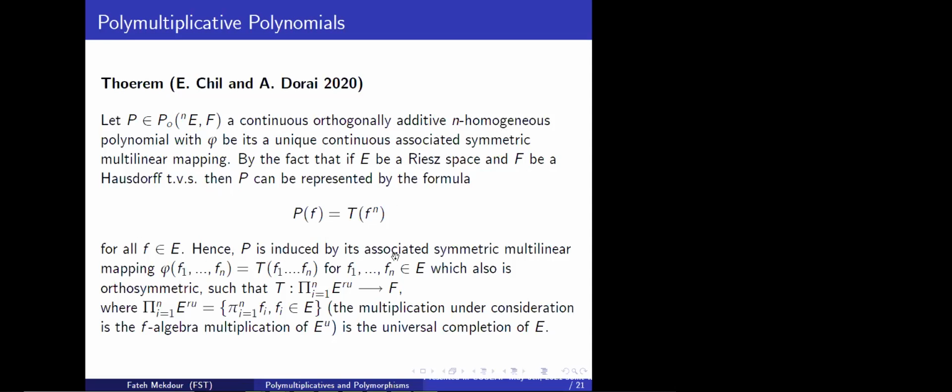Hence, P is induced by its associated symmetric multilinear mapping phi by the same representation, as the composite of the continuous linear operator T and the product f1 through fn, which also is orthosymmetric, such that here T is defined on the n-fold product of the relatively uniformly complete real space E into the Hausdorff topological vector space F. Here, the multiplication of the product is not the Cartesian product.